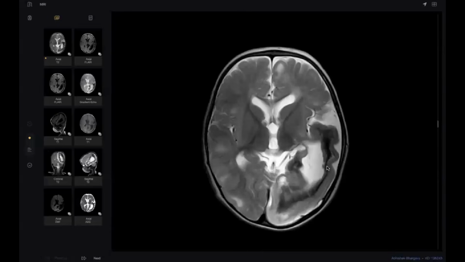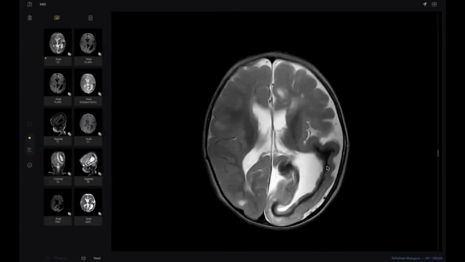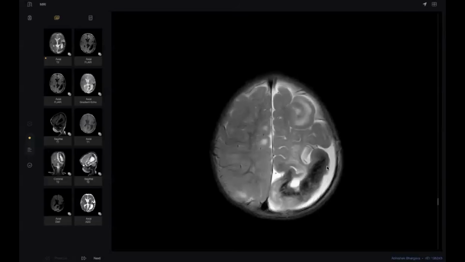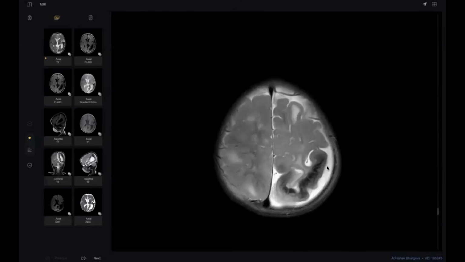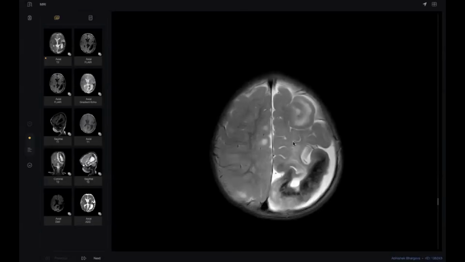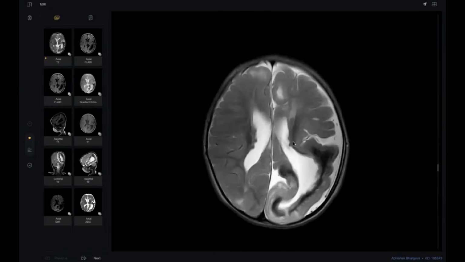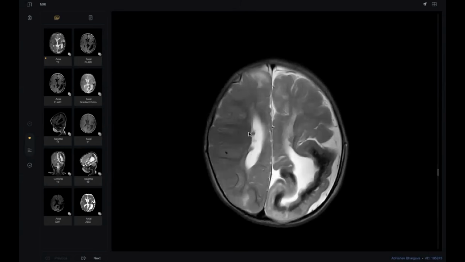But don't trust the examiner when he gives you something very clear. If you have a general look like this, you will find that there are, here and here, subcortical bright signals, bilateral. And this is very pathognomonic of tuberous sclerosis.